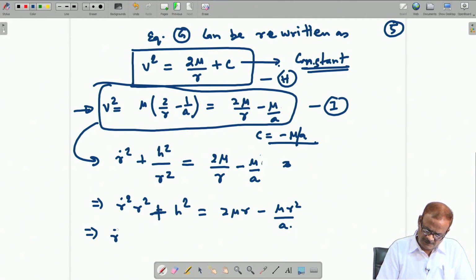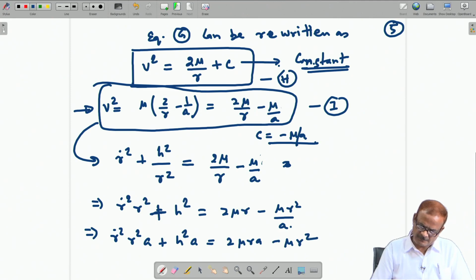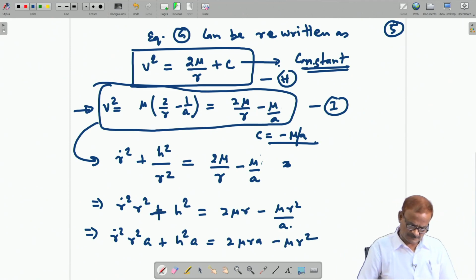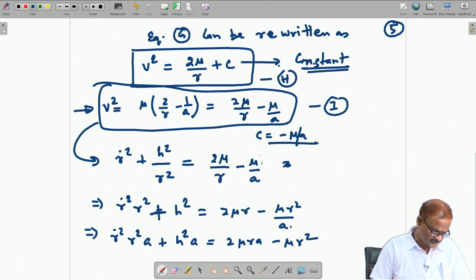Or r dot square r square a plus h square a equal to 2 mu r a minus mu r square, and the rest of the things we will take on the right hand side.